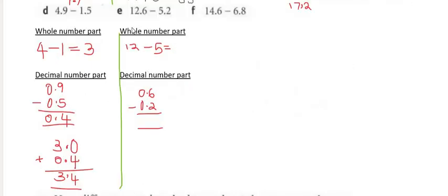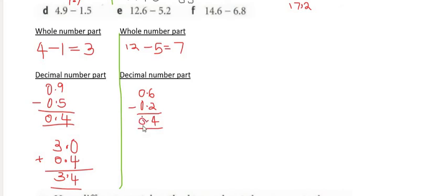Now for question E, we have 12 minus 5 as the whole number part. 12 minus 5 is 7, and for the decimal part we take 0.6 and 0.2 and subtract. 6 is greater than 2, so we can subtract, so we get 4 and put the decimal.